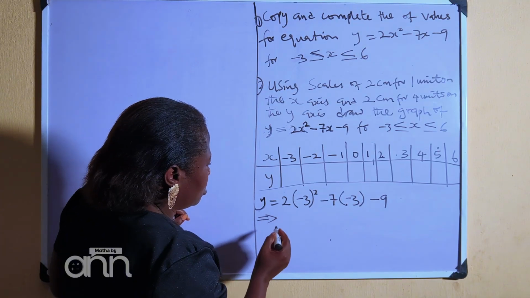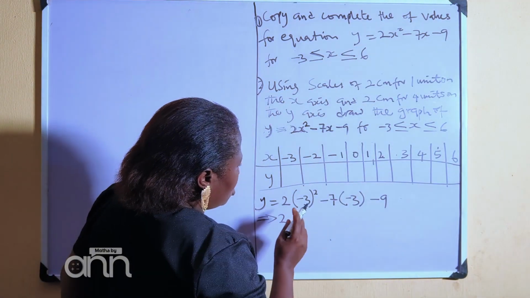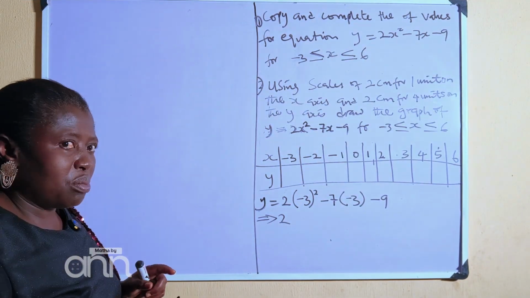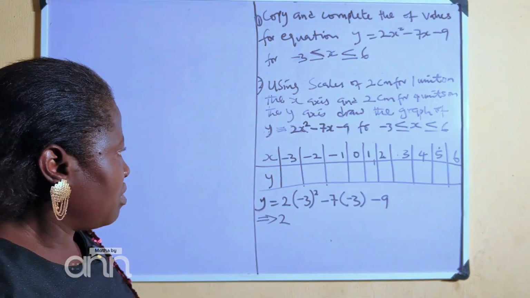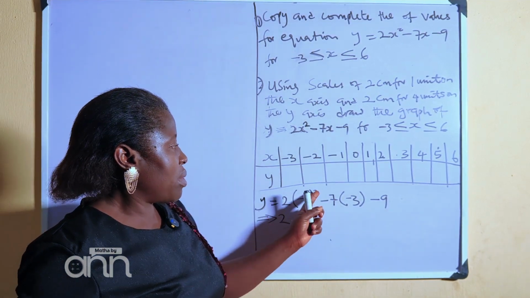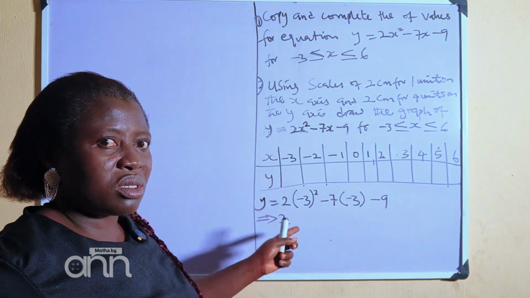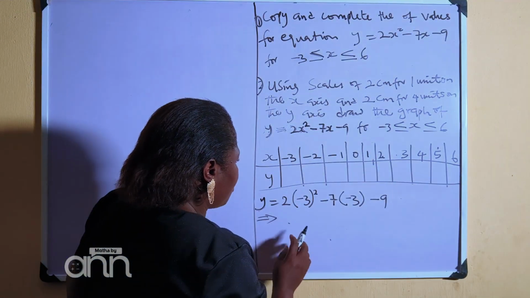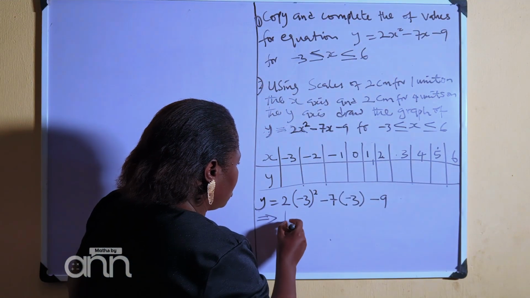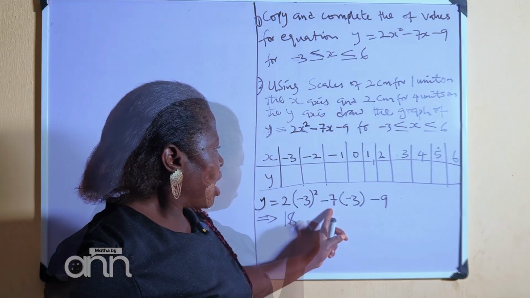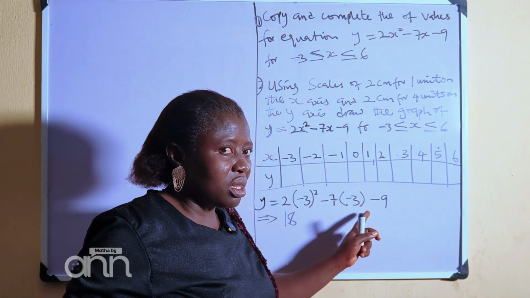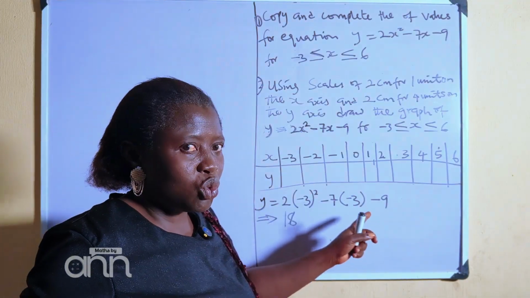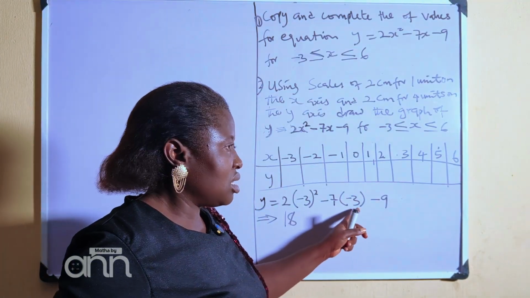Minus 3 multiplied by minus 3 is positive 9. You multiply it by 2, you have 18. Minus 7 multiplied by minus 3 is positive, that is positive 21. 7 times 3 is 21.